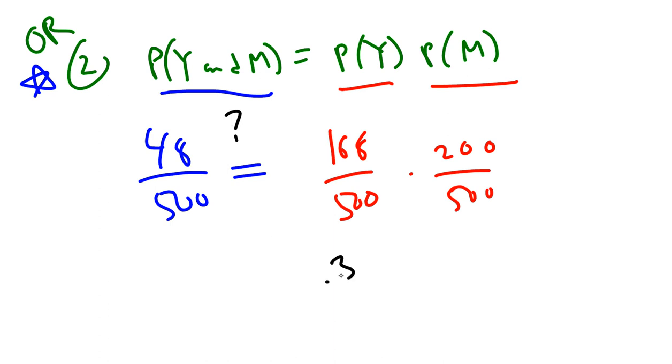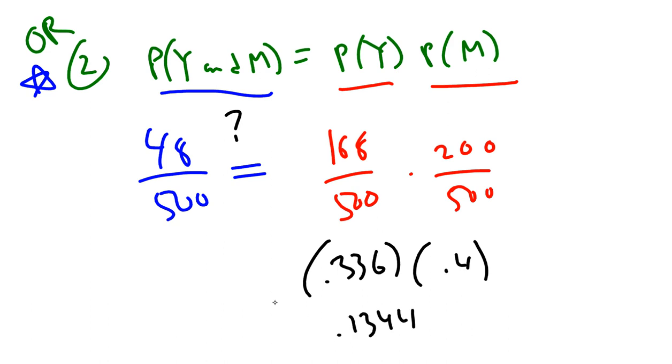This turns out to be 0.336, and then we multiply that by 0.4, which gives us 0.1344. Over here, we already know that 48 divided by 500 is 0.24. So these things are not equal, which means you can say they're not independent, or you can say these events are dependent.